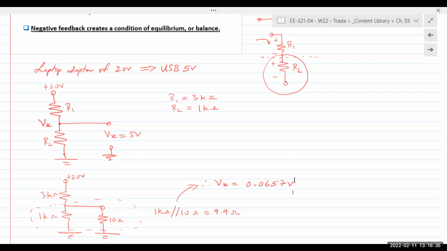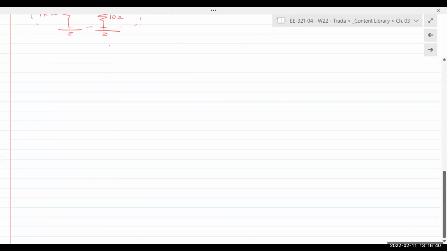So if we split this up and connect a voltage follower between the two, it provides a buffer between the source and the load.